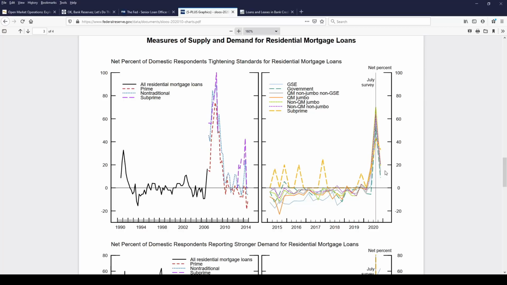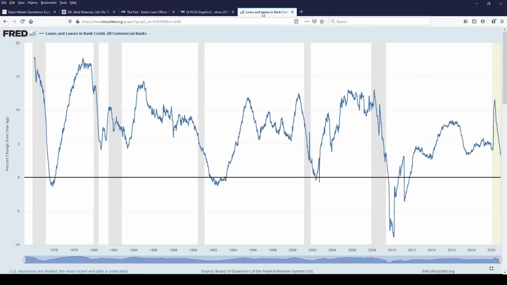So then the next step is to look at what's going on in the credit markets. And for that, we'll go over to the FRED database, which is maintained by the St. Louis Federal Reserve, and take a look at loans and leases and bank credit at all commercial banks. What you see is a deceleration that typically starts at a recession and then often will contract shortly after a recession is over.